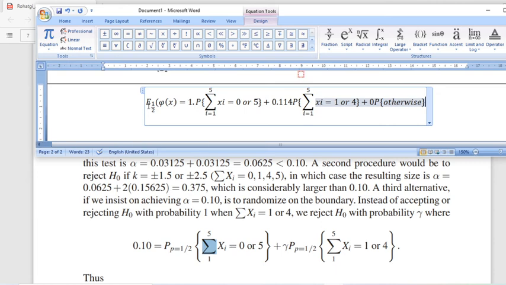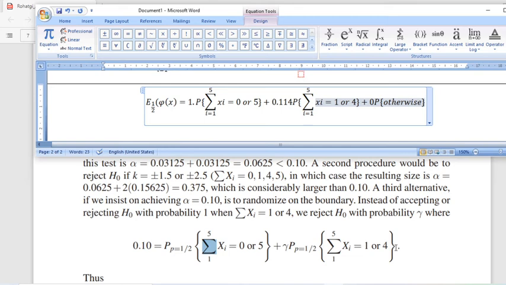So this is the expectation of phi of x under the null hypothesis. That is kept as 0.1, and instead of gamma we have 0.114. We have obtained the value of gamma as 0.114, and the expression for the probability of summation x equal to 1 or 4 is given here, and no other term, that is 0 into the probability of otherwise.